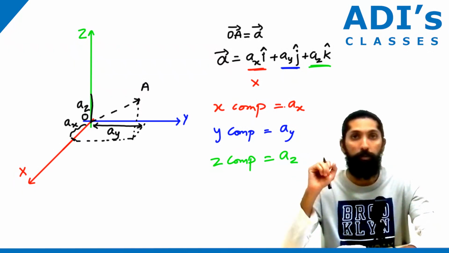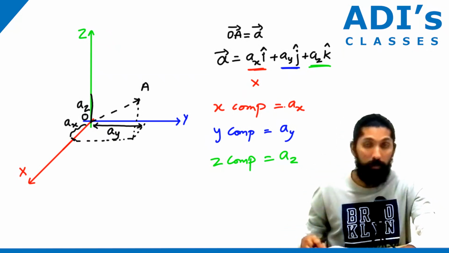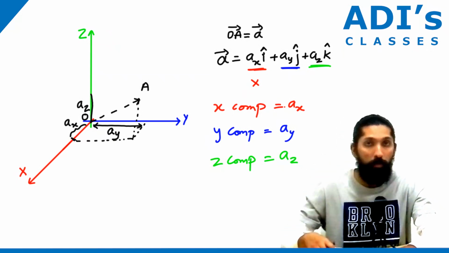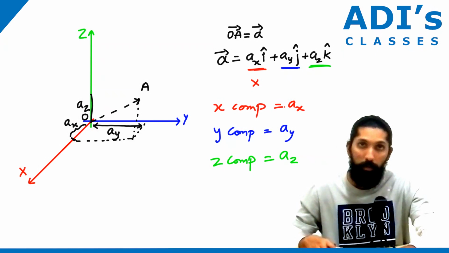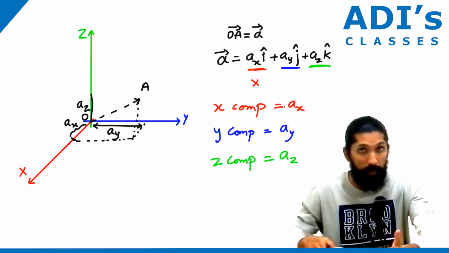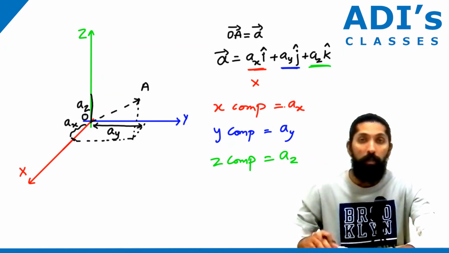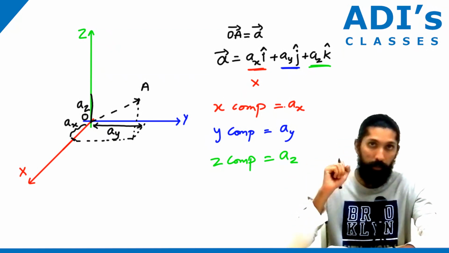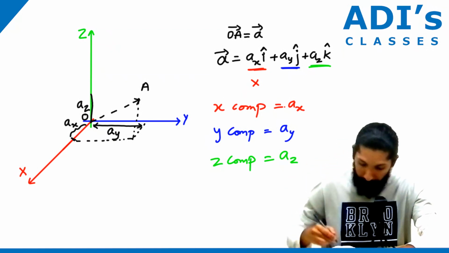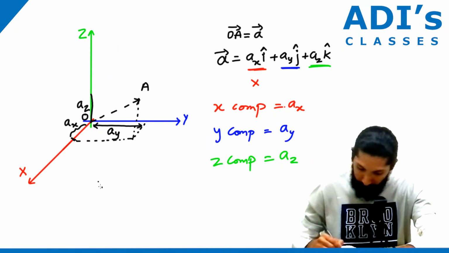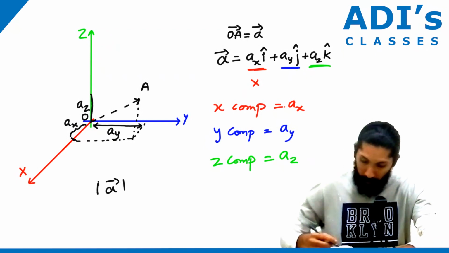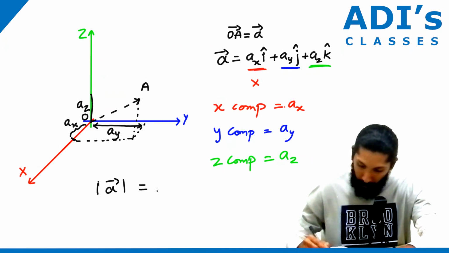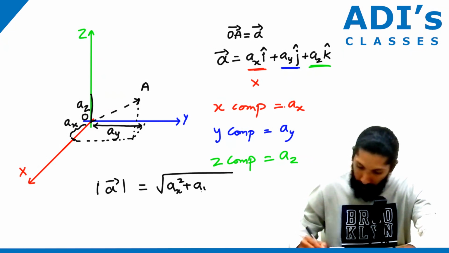Now, how do we calculate the modulus? Because a vector has both modulus as well as direction, isn't it? So to calculate the modulus, mod of vector A is equal to root of ax square plus ay square plus az square.